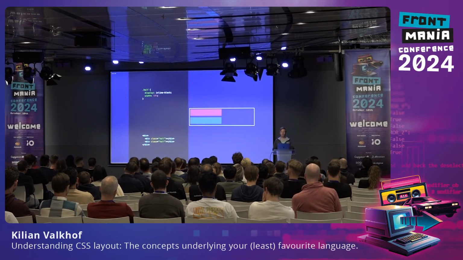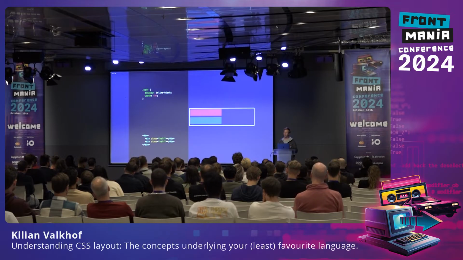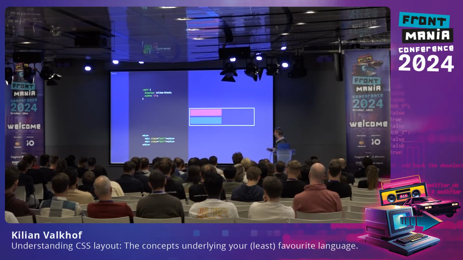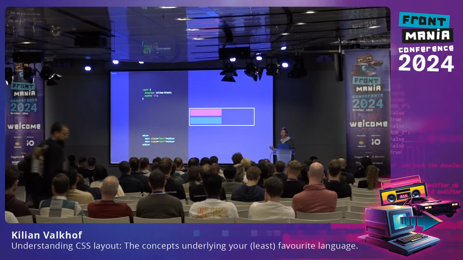And once you know that this happens, you suddenly start to understand why some things that you think are weird actually make a lot of sense. Now I'm sure you are all math geniuses, so you know that 50% plus 50% is 100%. So why don't these two boxes line up side by side? They're inline, they're 50% of the width.